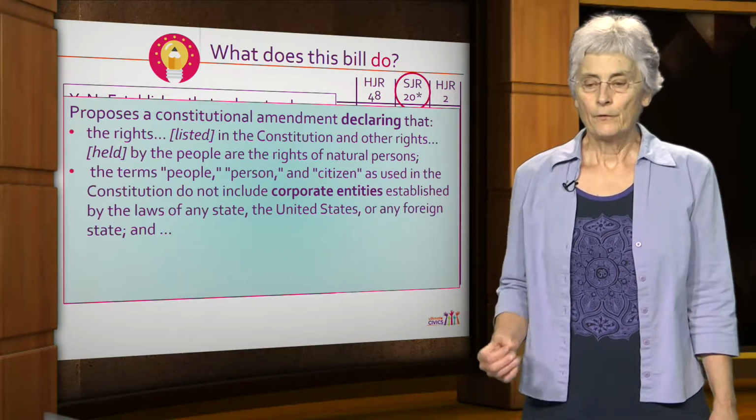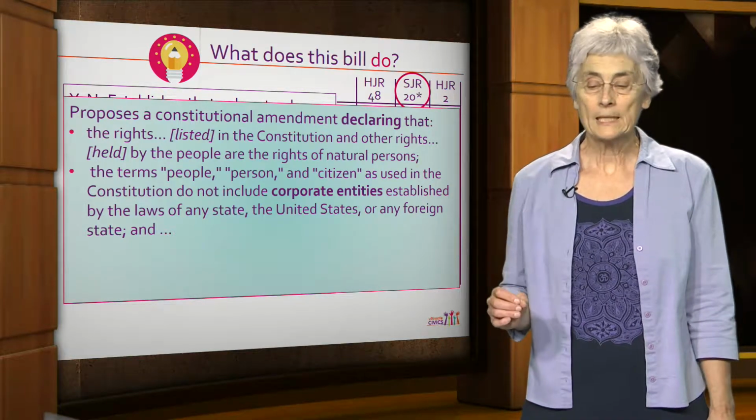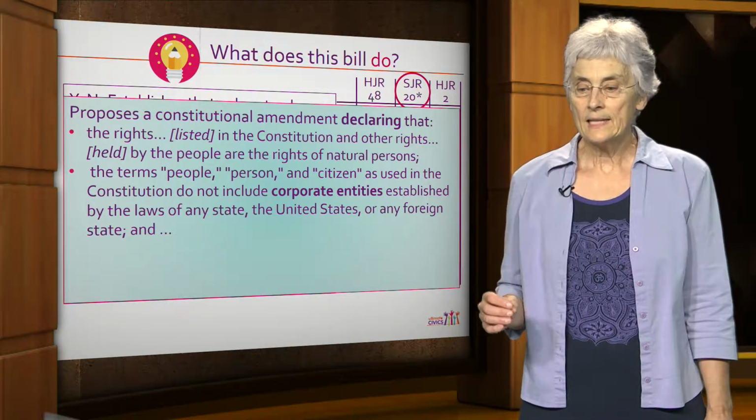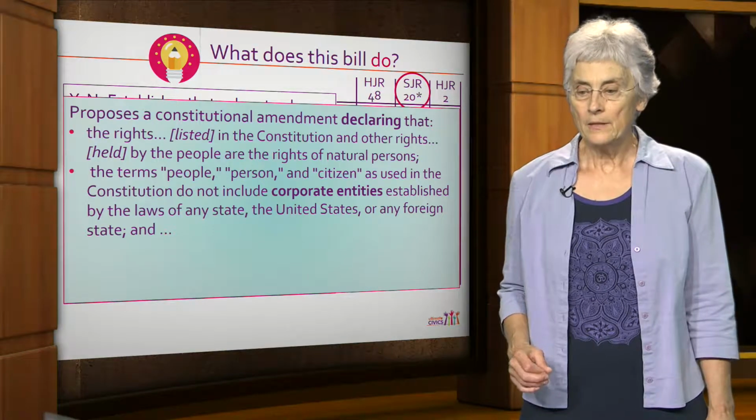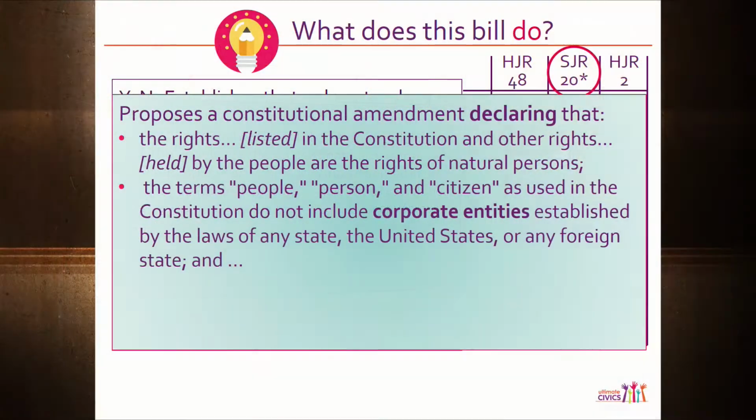The next phrase is, the terms people, person, and citizen as used in the Constitution do not include corporate entities established by the law of any state, the United States, or any foreign state. So, whoa, corporate entities.